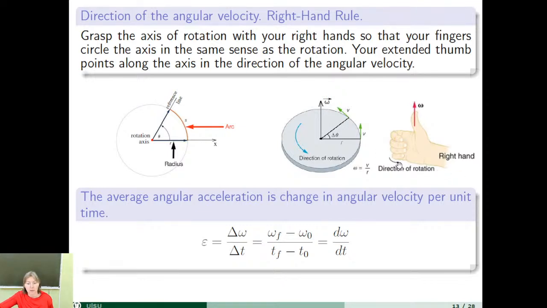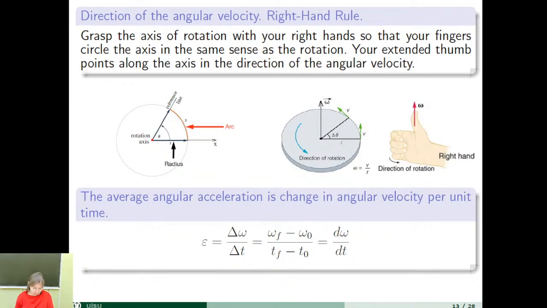Use the right hand, with your fingers in the direction of rotation, and then we find the direction of the angular velocity.